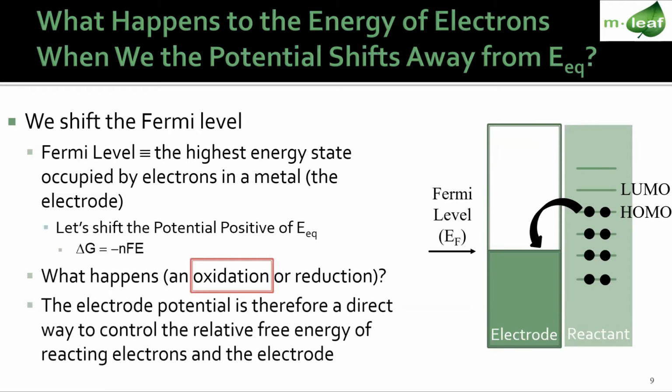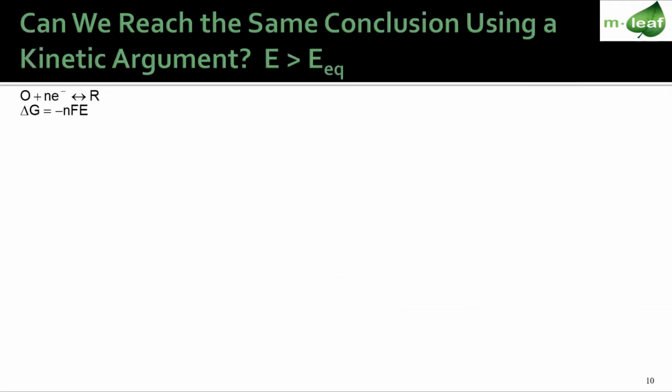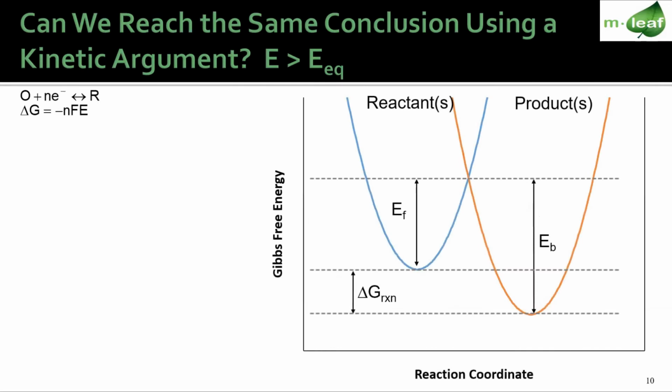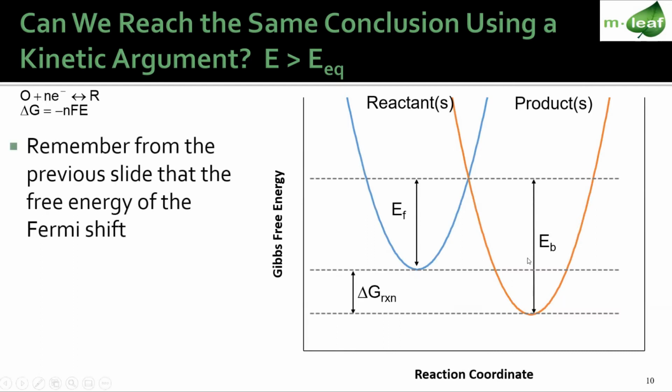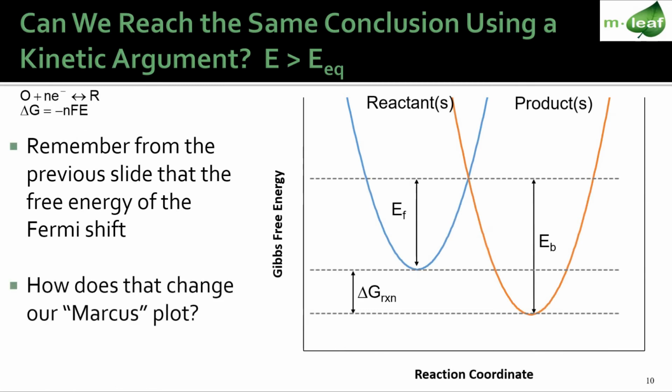Now, this is more of an electron diagram type understanding of what's happening. We also could have come to the same conclusion using a kinetic argument, right? So we have this plot that I showed a minute ago, and we had the free energy of our delta G of reaction. We also had the activation energies. So now what would happen to this Marcus plot if we applied the same shift?